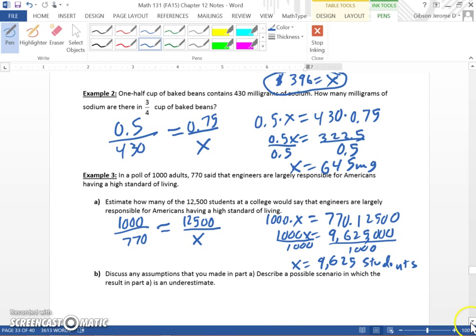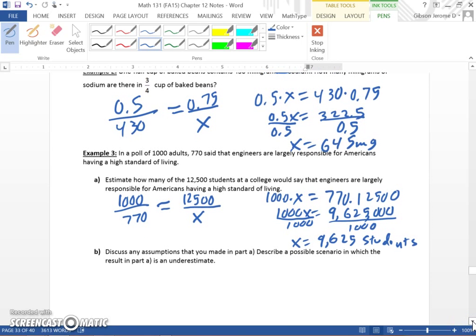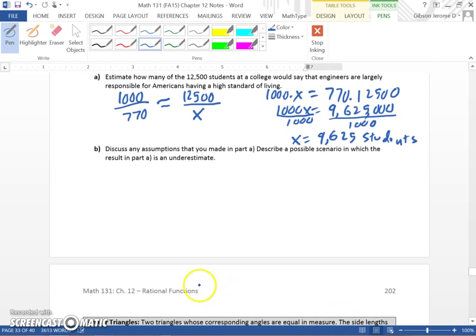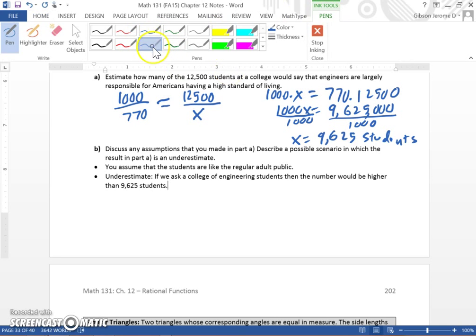Okay, now we come down here to B. It says discuss any assumptions that you made in part A. Describe a possible scenario in which the result in part A is an underestimate. So class, I took the liberty of typing out the answers here because it's a lot easier to type than to write with this pen that I have.